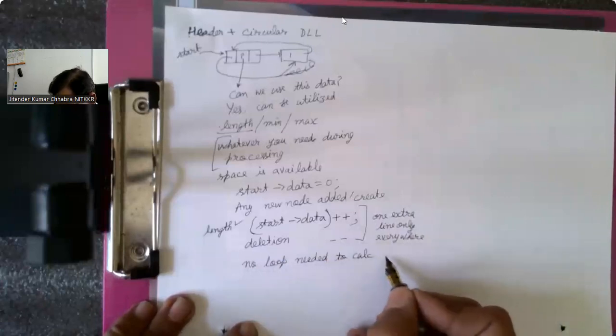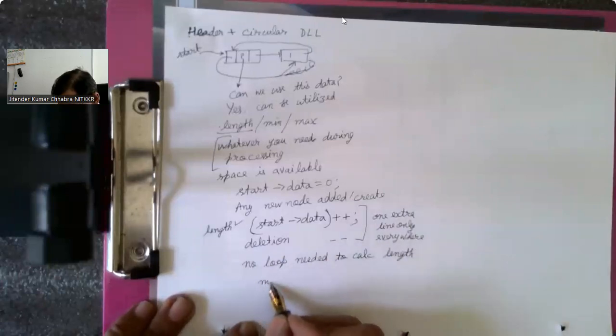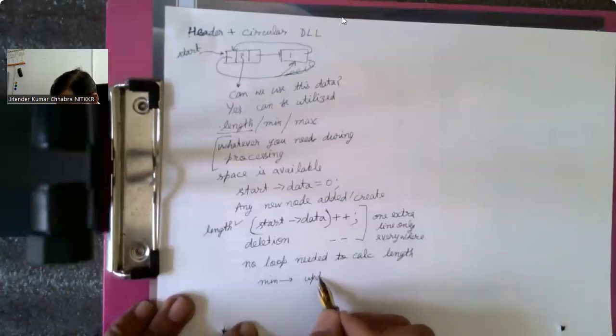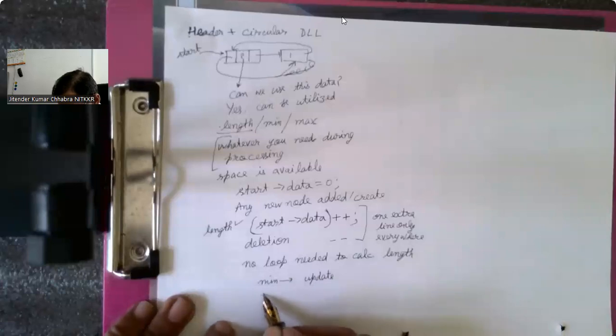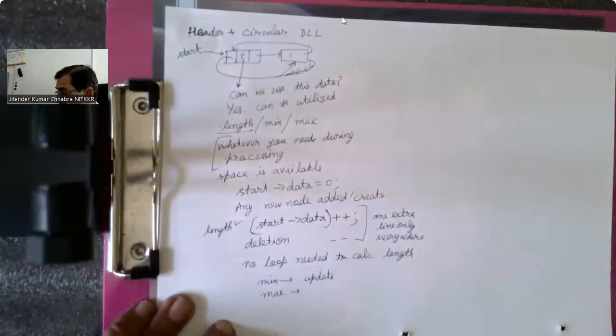If you need, let's say, the minimum value out of the whole list, similarly you could store the minimum value there. Whenever a new element is added, update this minimum. Similarly, if you need the max value, you could have max. If you need some highest positive value, store it there. Highest negative value, store it there.